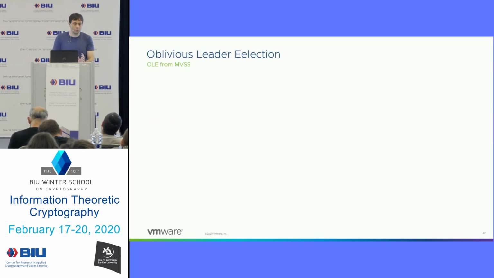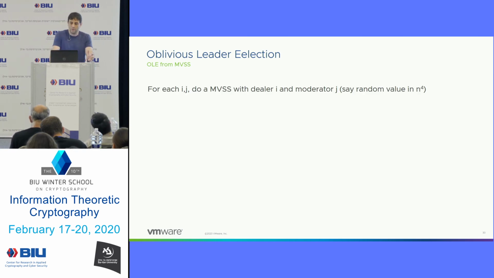And so now that we have a way to create a moderated verifiable secret sharing, we're going to build an oblivious leader election. And again, this is really simple MPC. So what we'll do is, for every party J, we will have every party I build some random coin, and then just add all these random coins together to get a random ballot for this party.